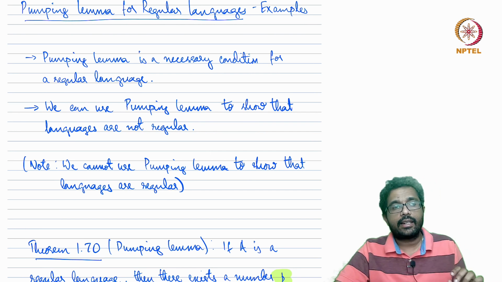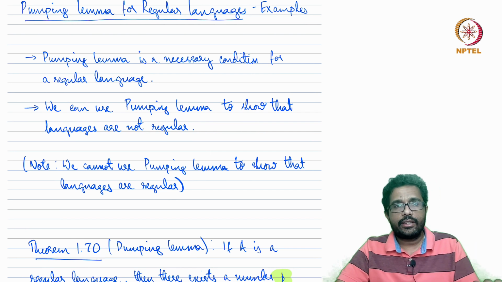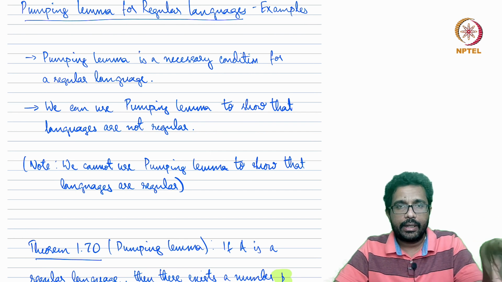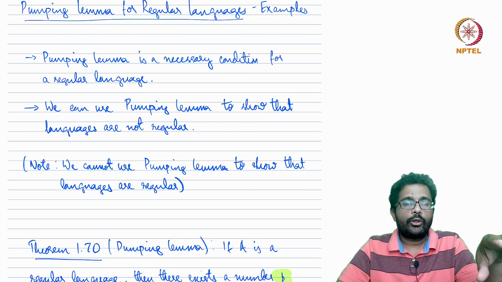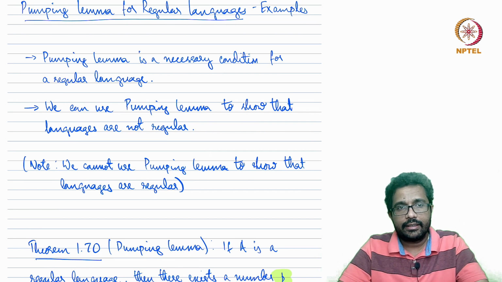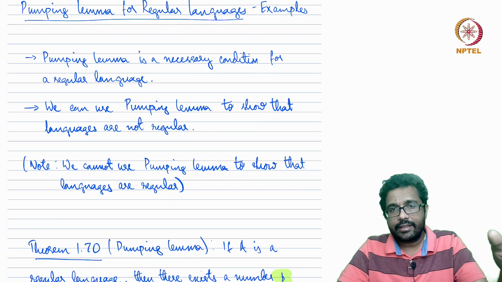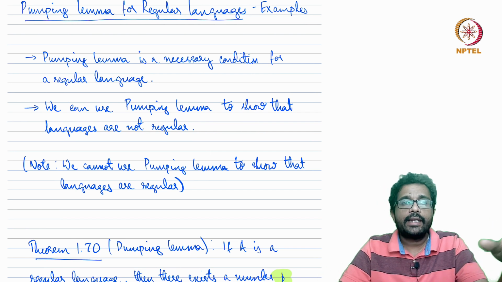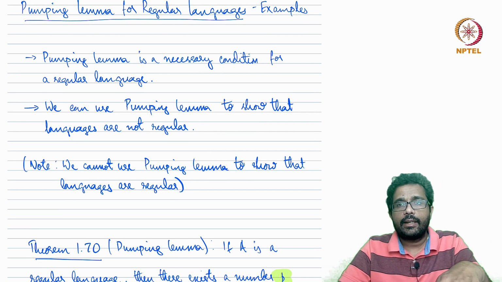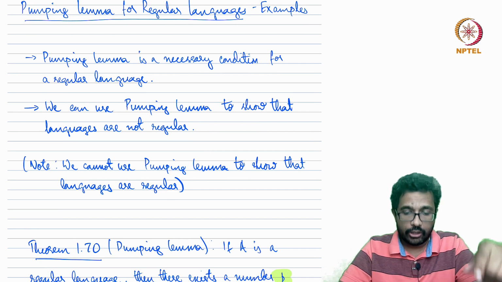So it's a necessary condition. Meaning, if a language is regular, it has to necessarily satisfy the conditions of the pumping lemma. So you can take a language and show that it does not satisfy the conditions, and hence it is not regular. Just because it satisfies the conditions does not imply that the language is regular. So this is very important. You can use the pumping lemma only to show that languages are not regular.